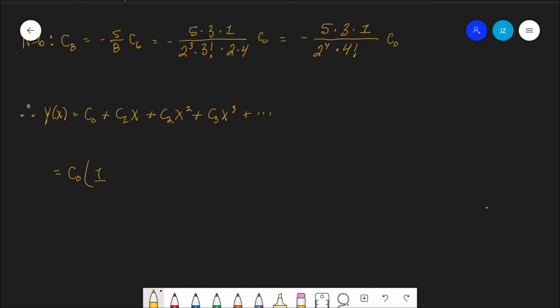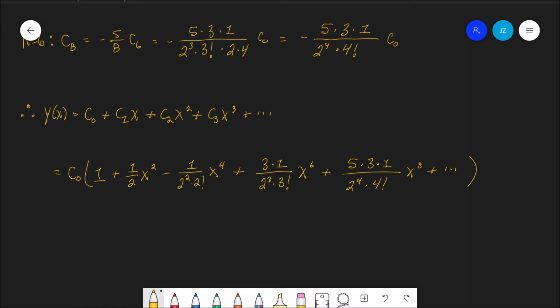We have 1 plus 1/2 x squared minus 1 over 2 squared times 2 factorial x to the 4th plus 3 times 1 over 2 cubed times 3 factorial x to the 6th plus 5 times 3 times 1 over 2 to the 4th times 4 factorial x to the 8th plus so on and so forth, plus simply c sub 1x, because all of these other odd c's are going to be 0.